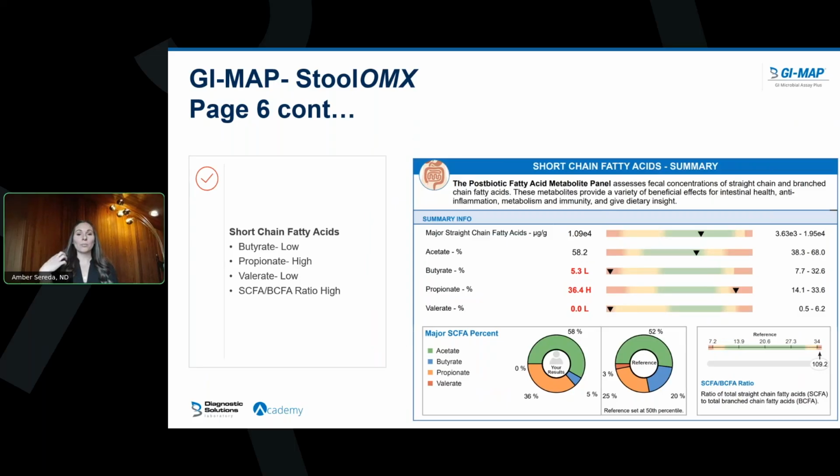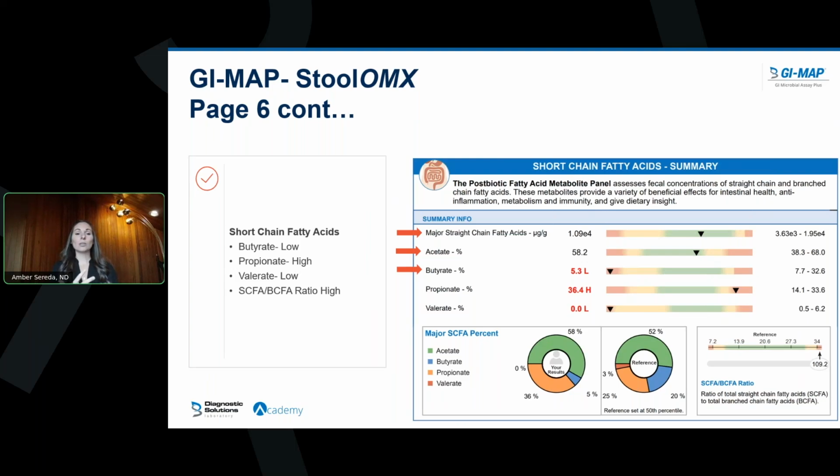So that was the bile acid section, and now we're going to look at the short chain fatty acids. So this is back to that summary page on the bottom half. And what we see here is that the total short chains look good. Acetate looks good. And I've been talking about this low butyrate. And when we looked at the commensals, we saw low Faecalibacterium, starting to trend low Roseburia, and starting to trend low Firmicutes phyla.